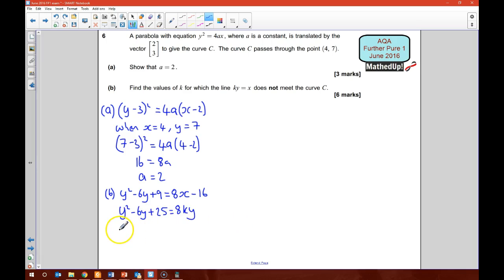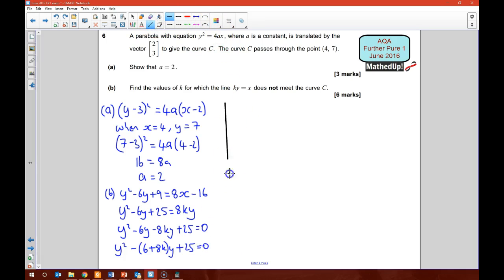Okay, and writing this as a quadratic, I've got y squared take away 6y take away 8ky plus 25 is equal to 0. Now I can write this as y squared subtract (6 plus 8k)y, plus 25 is equal to 0.